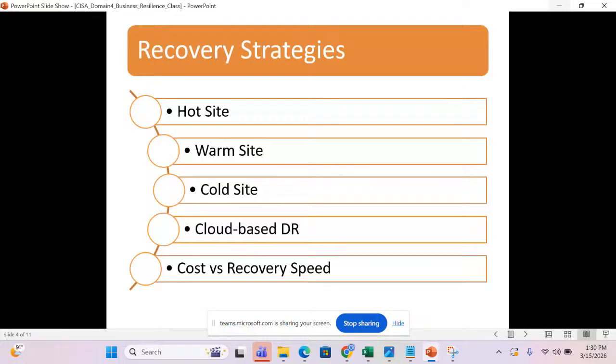And if my RPO/RTO is 8 hours, then my cost goes down. Same thing as my speed. So depending on whatever strategy I want to put in place, I use that to determine the cost I'll be incurring.